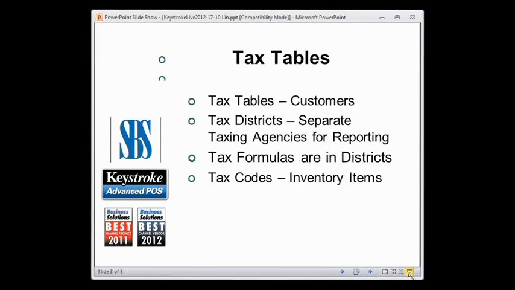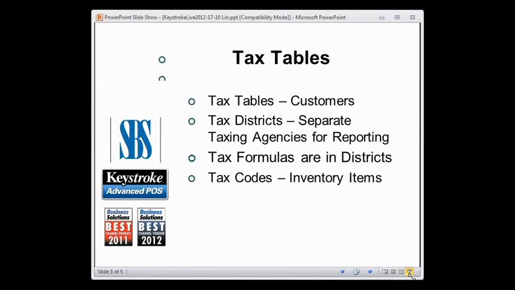So the thing to remember with sales tax, and I'll go through the slides a little bit and then we'll get into Keystroke so you can see how this works in Keystroke. And for those of you who were here last week when we talked about price tables, the way it works is very similar to price tables, only now we're talking about sales tax rather than pricing for your customers.